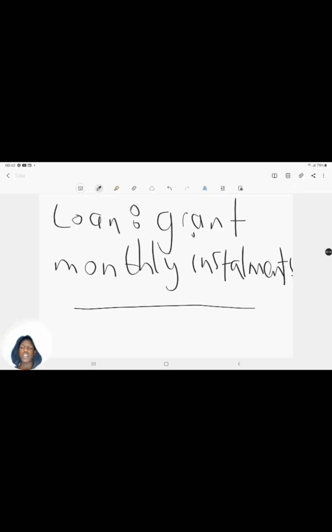So if, say, you borrow money today, I'm going to call today time 0. This is today. And then this is 1 month, 2 months, 3 months, 4 months, 5 months, 6 months, whatever. This is month number 1, month number 2, month number 3, month number 4, month number 5, month number 6.